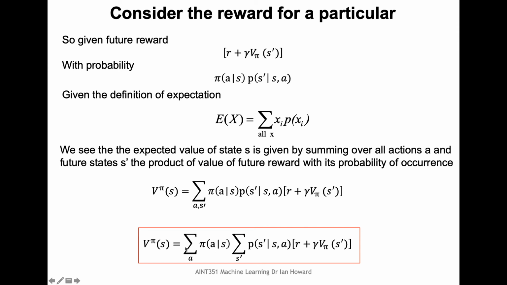So on the basis of looking at things in a simple way like that, we can come up with this equation saying the value of the state under policy pi is the expectation of future gain, which is given by the sum across all actions of the policy multiplied by the sum across all future states of the transition probability multiplied by the total reward that we're going to get.